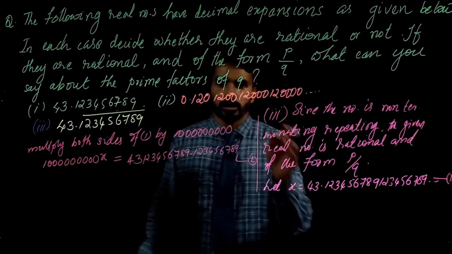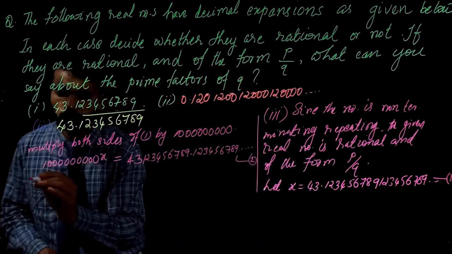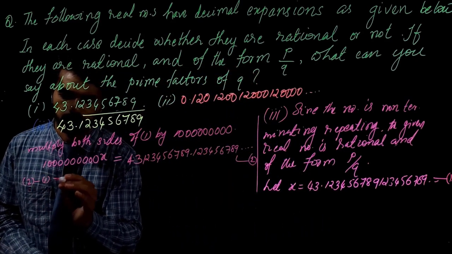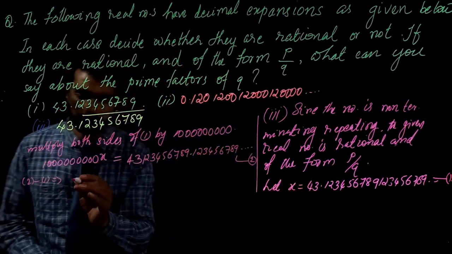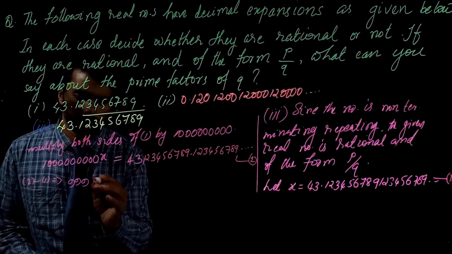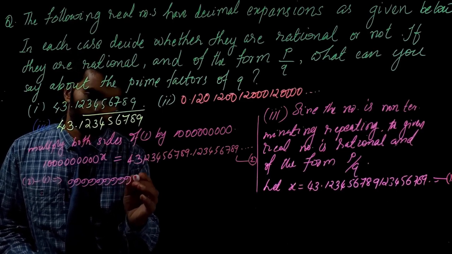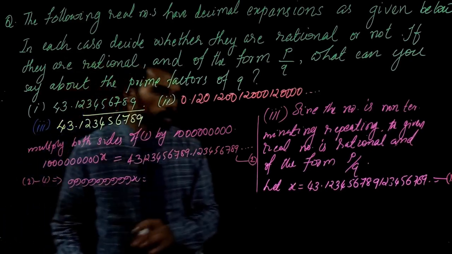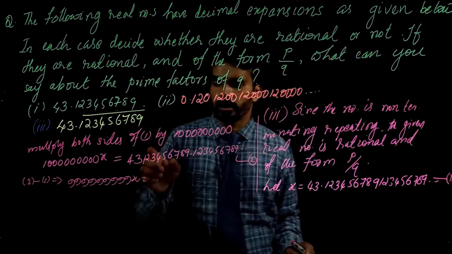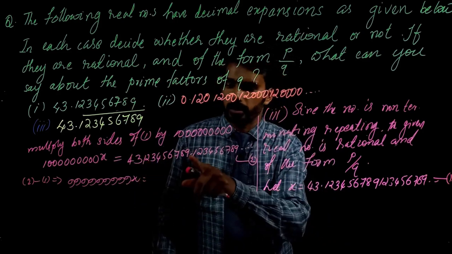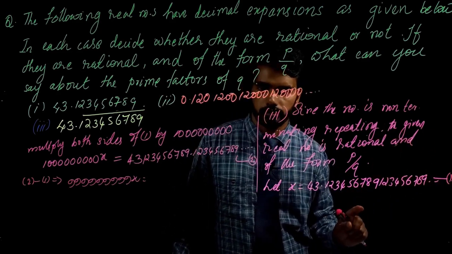Now we are going to subtract equation number 1 from 2. So 2 minus 1 gives, on the left side, 10 to the 9 x minus x. Now on the right side, this number minus this number, the decimal parts completely get subtracted.